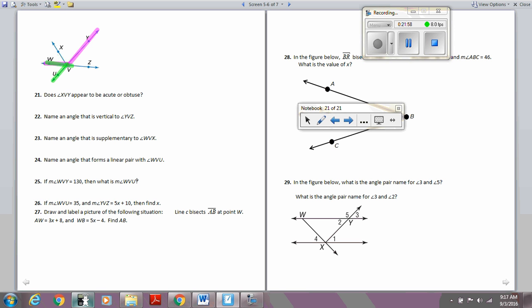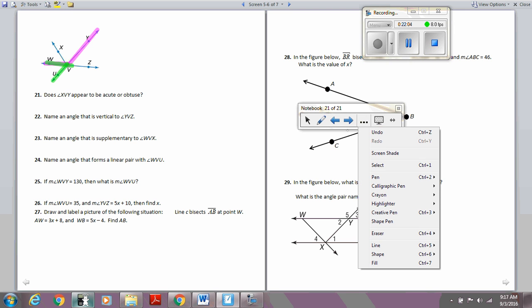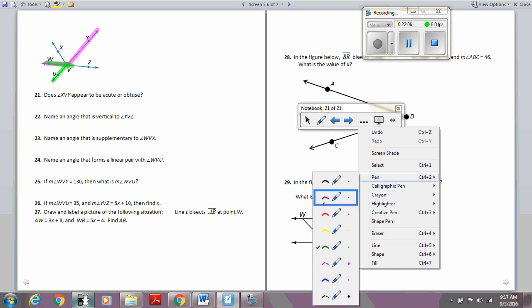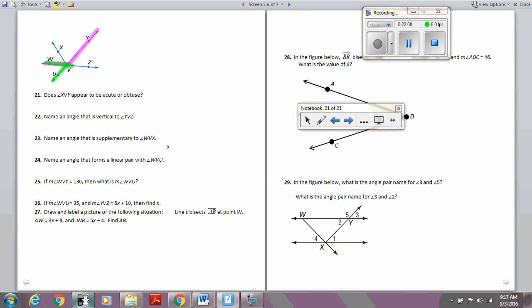Well, since together they are supplementary because they're a linear pair forming that straight line, and supplementary means they add up to 180, then the measure of angle WVU would have to equal 50 degrees. Because again, it's supplementary with the 130-degree angle.